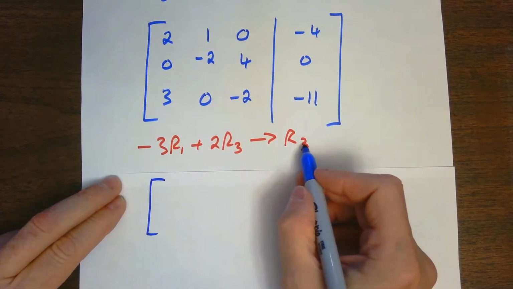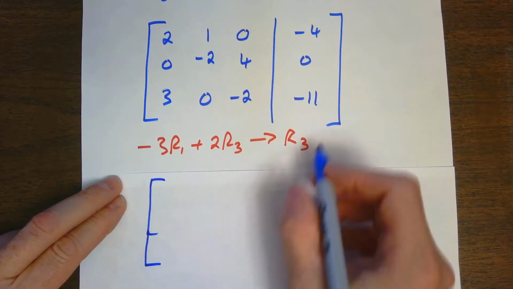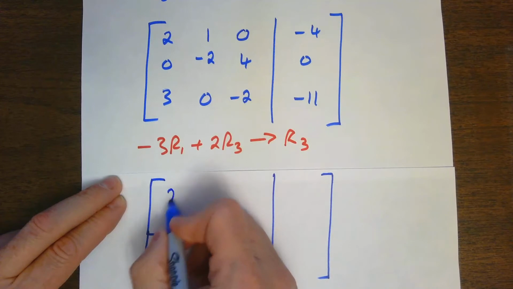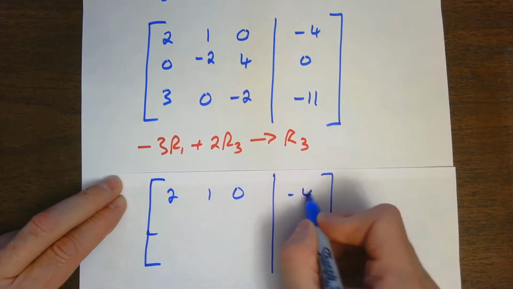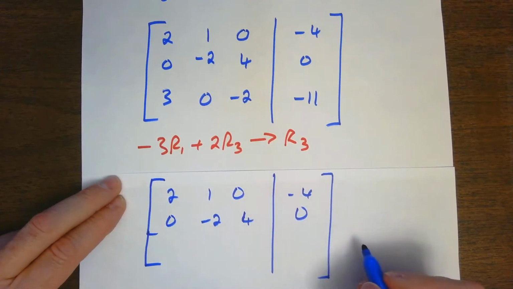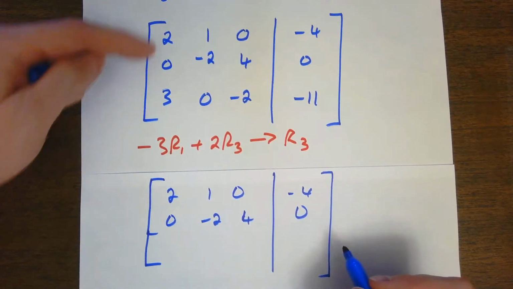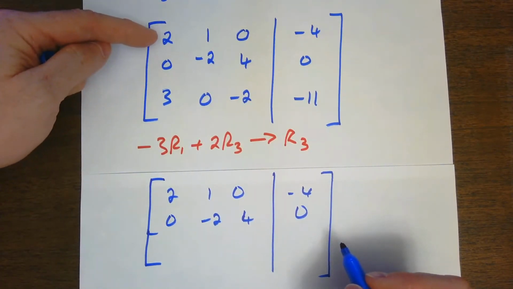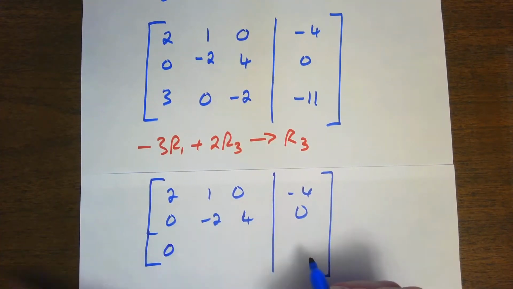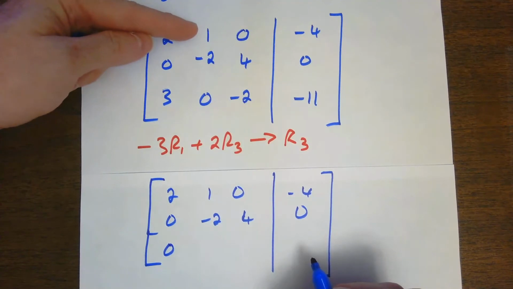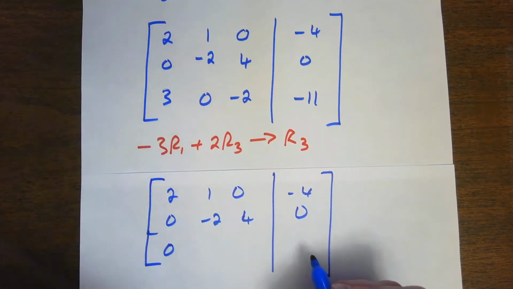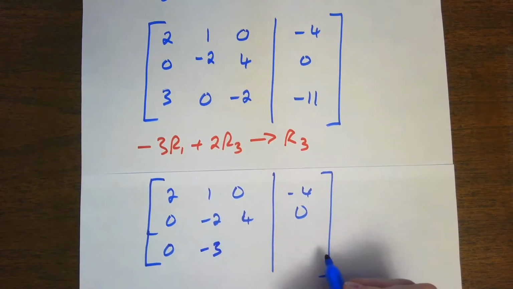I'm only changing row 3. So the first two rows, 2, 1, 0, negative 4, and 0, negative 2, 4, 0, they're not going to change. Negative 3 times 2 is negative 6. 2 times 3 is positive 6. Gives me 0. Negative 3 times 1 is negative 3. 2 times 0 is 0. Negative 3 and 0 gives me negative 3.